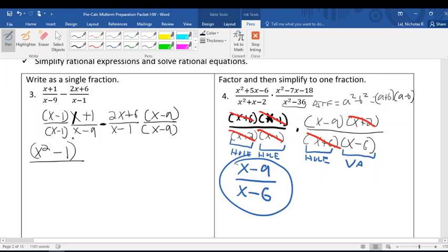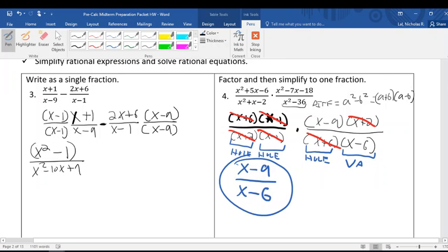So that's going to be x squared minus 9x minus 1x, which is minus 10x, plus 9. So x squared minus 10x plus 9.